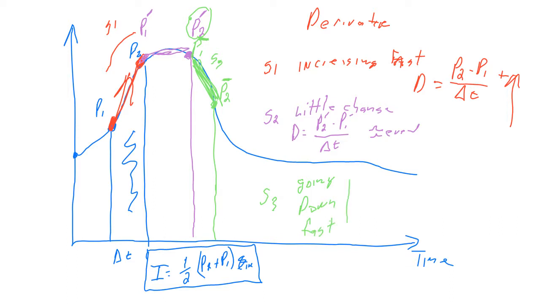So the derivative piece is P2 bar minus P1 bar divided by the delta t, and this value is going to be negative, because P1 is bigger than P2. That's telling us that the system is going back in the opposite direction.